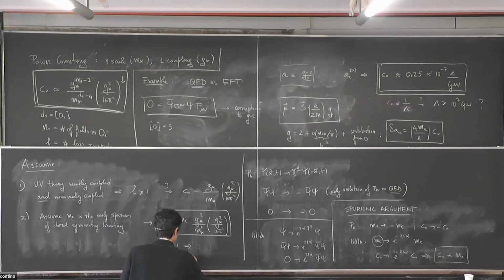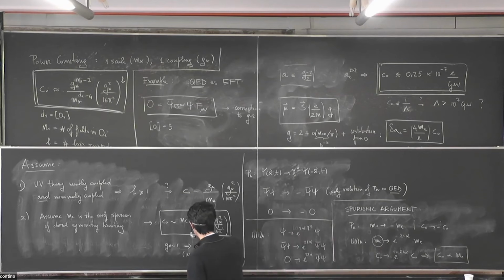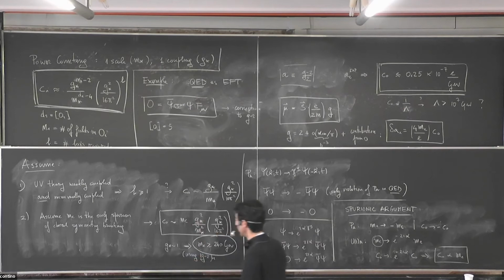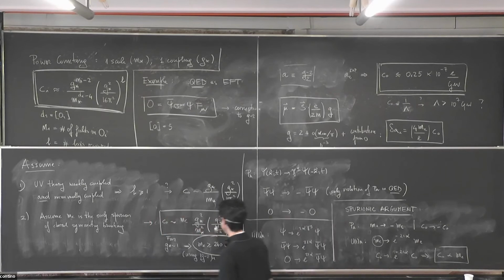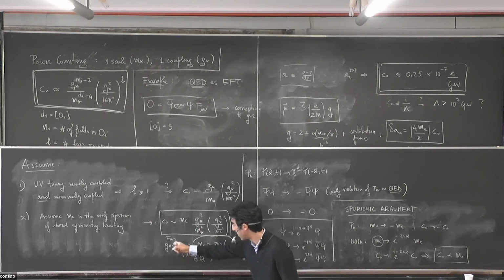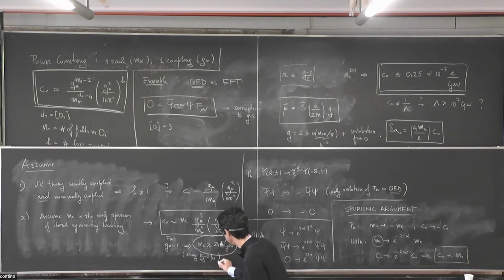So using G-2 of the muon, it will give you a bound on M star, which is around 240 GeV, for g star of order 1, and using G-2 of the muon.